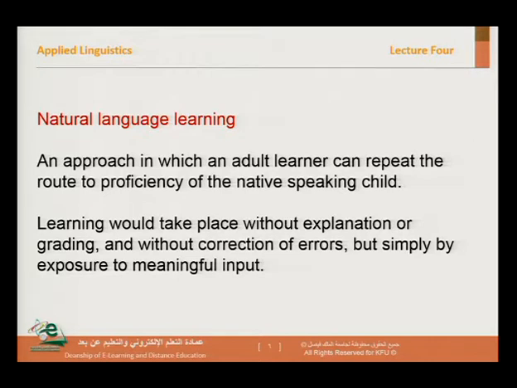As an adult, in order to be like a native speaker, I've got to follow the same route, or repeat the same route of proficiency of that native speaking child. Learning would take place without explanation or grading, and without correction of errors, but simply by exposure to meaningful input. So learning was at ease.